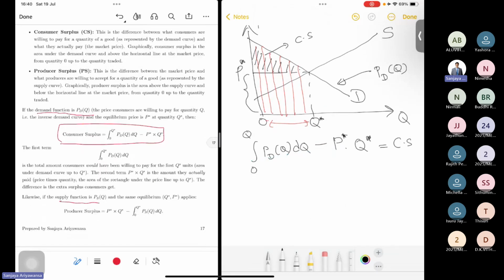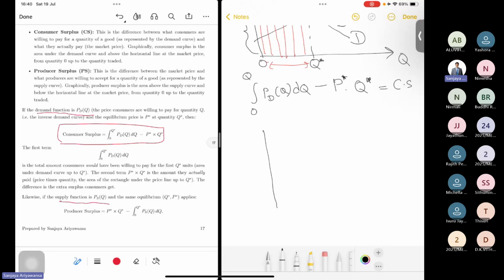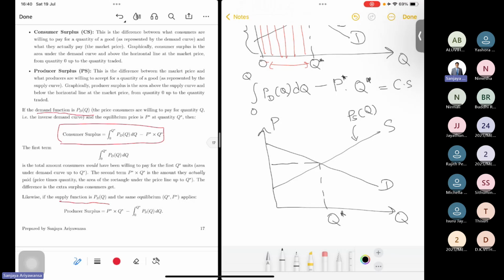Similarly, if my supply function is given by this P_S(Q), and Q star and P star are my market clearing values, remember I told you this area is the producer surplus. Now how do I calculate that?